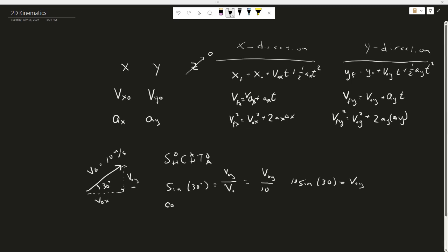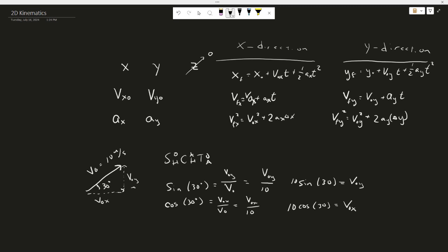Likewise, I can see that the cosine of 30 degrees is equal to V naught x over V naught, which would be V naught x divided by 10. Ergo, 10 cosine 30 is equal to V naught x. So this is how I can break things apart and put them into their individual components to find these variables that we need.